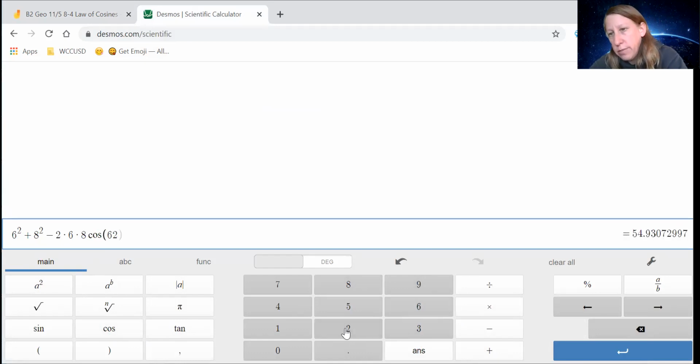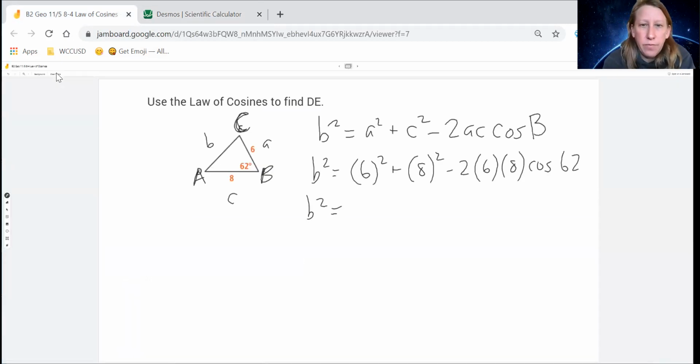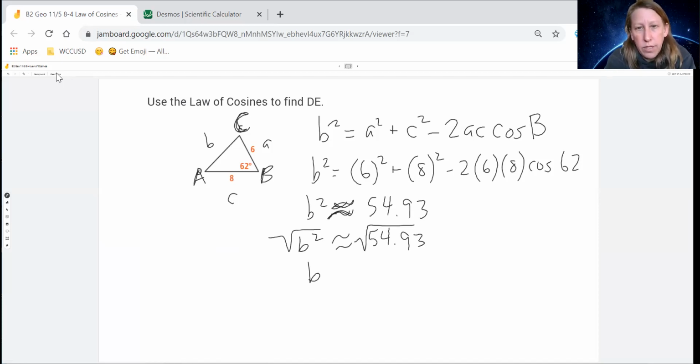All right, it's about 54.93. How do I finish it? Square root both sides, because 54 is not a reasonable answer. Square root both sides. And that will be my approximate answer for how big B is.